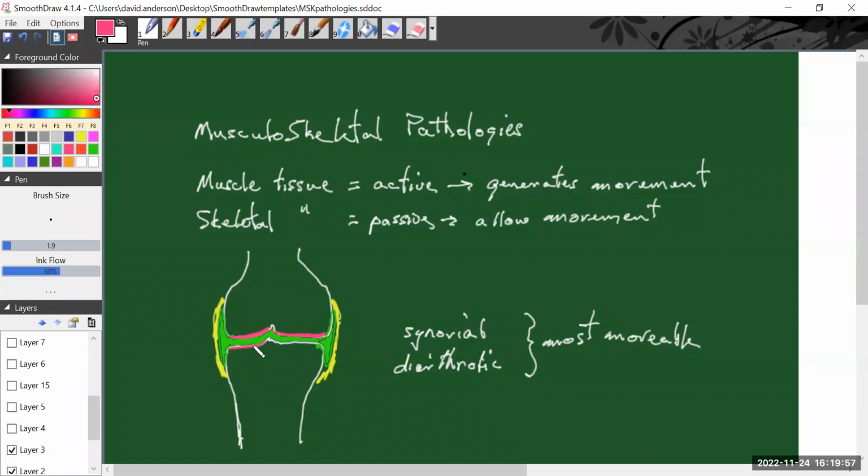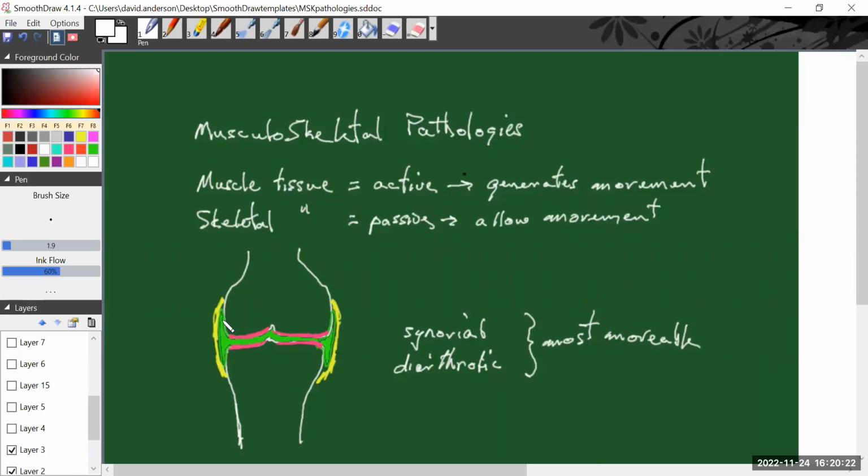So I'm going to draw the cartilage in this pinky purple color, and it's also known as hyaline cartilage. And it's the hyaline cartilage that provides the border between synovial fluid or synovial tissue and the rest of the bone tissue. So in this joint, synovial tissue lines the joint except where there's this articulating cartilage.